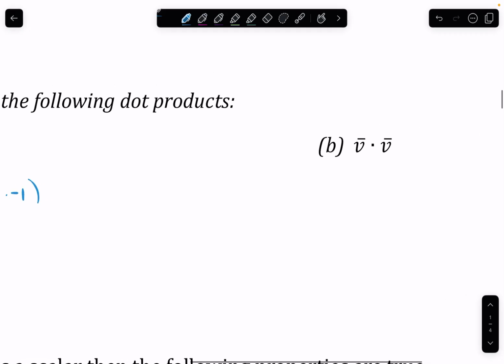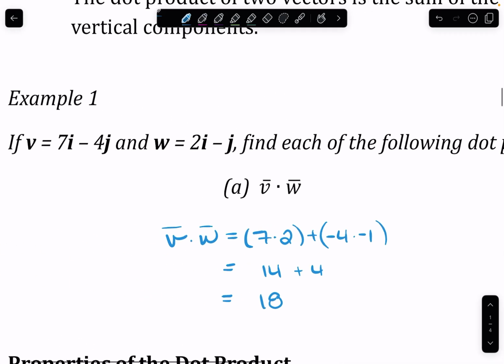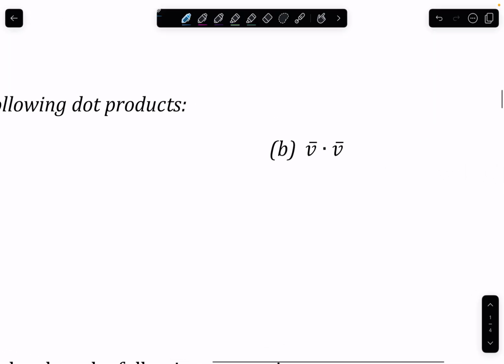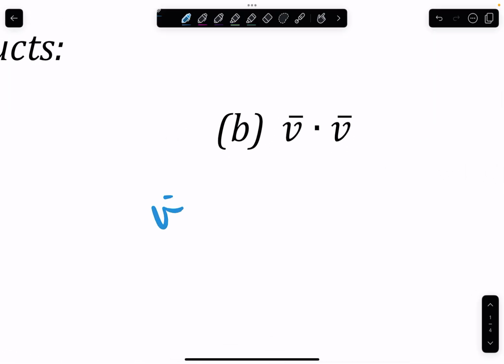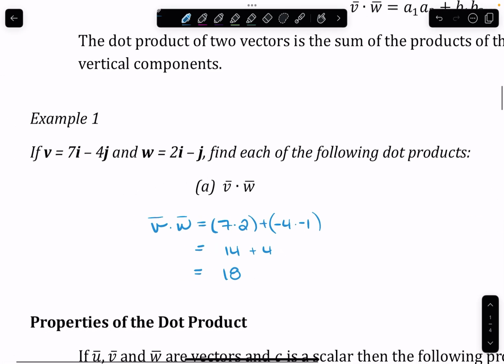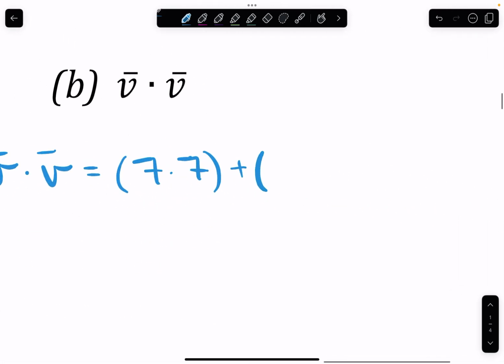B is v with itself. What is v dot v? So kind of like v squared. 7i minus 4j, so v dot product with itself. 7 times 7 plus, let's see, was it -4? Yes, -4 times itself.